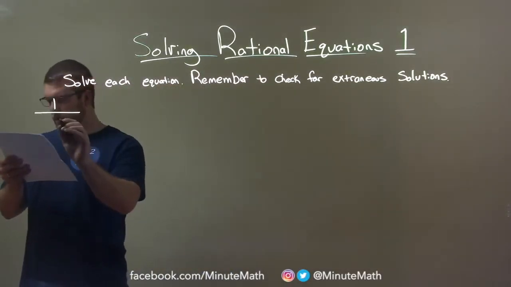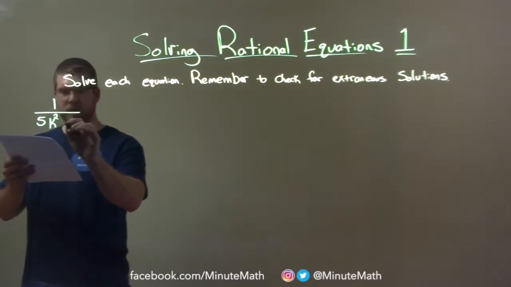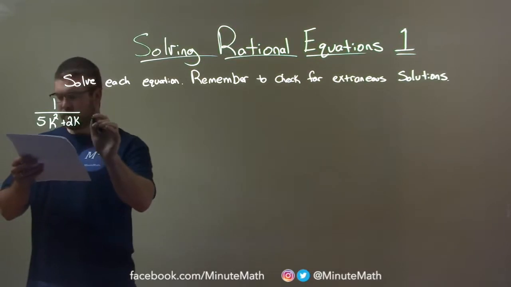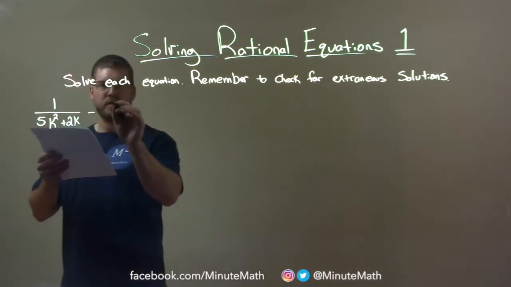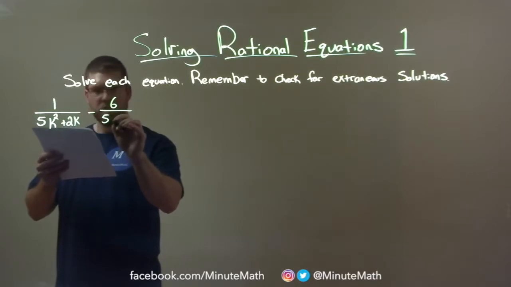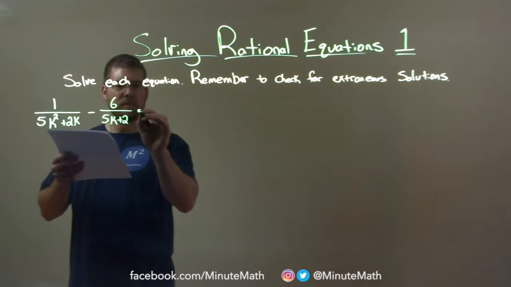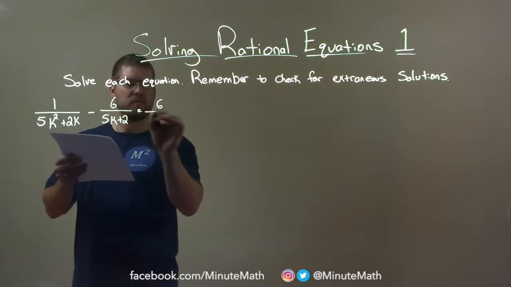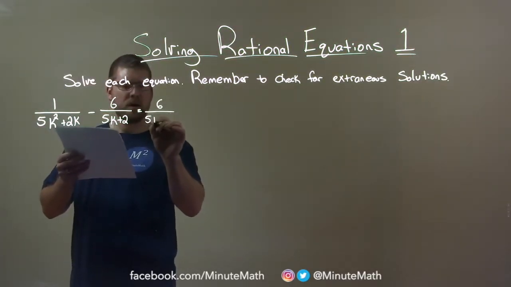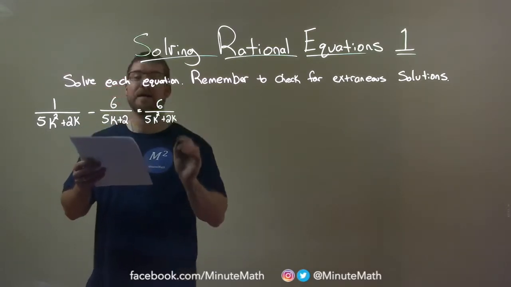One over 5k squared plus 2k minus 6 over 5k plus 2, and that's equal to 6 over 5k squared plus 2k.